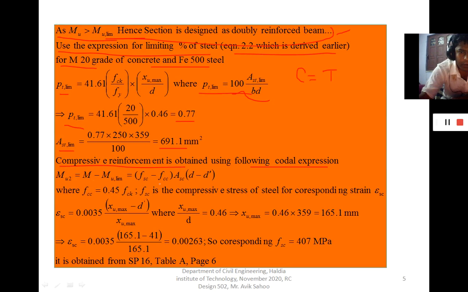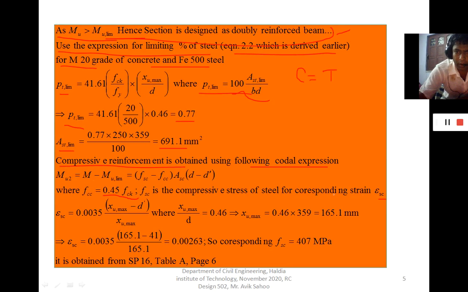So you see Fsc minus Fcc. Fcc value is 0.45 fck, because this stress in concrete falls in the rectangular portion, so the value is 0.45 fck, whereas Fsc is the compressive stress in steel for the corresponding strain epsilon sc, the strain in the concrete where the compressive reinforcement is placed.